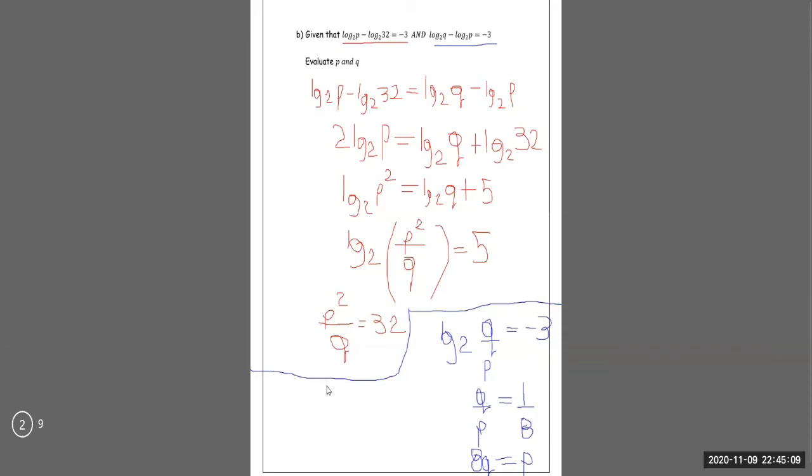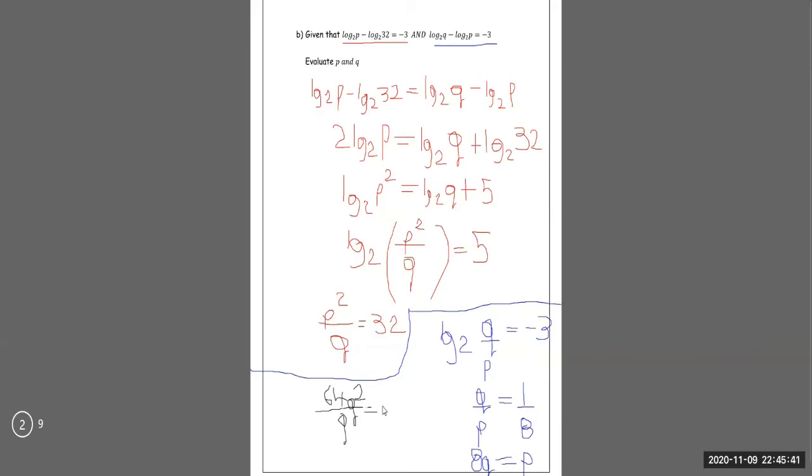So do we have a value for q? This 8q squared is just going to be 8 squared q squared. So 8q squared would be 64q squared. See that? All we did was square 8q, which is 8 squared times q squared. So we get 64q squared over q is 32, right?